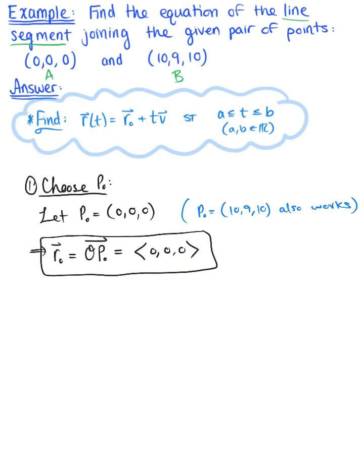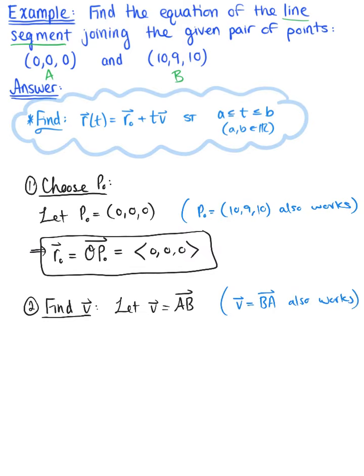Now that we have our position vector and our point P naught, let's define the parallel vector. We need to find vector v. Again, we have 2 options here. We can let vector v be defined as the directed line segment from point A to point B, or we could let vector v be defined as the directed line segment from point B to point A. Pick your favorite method.